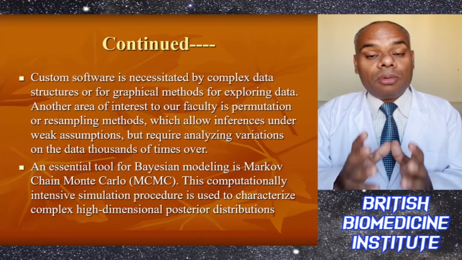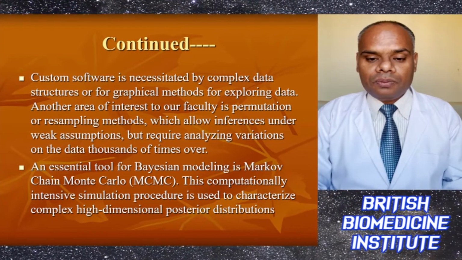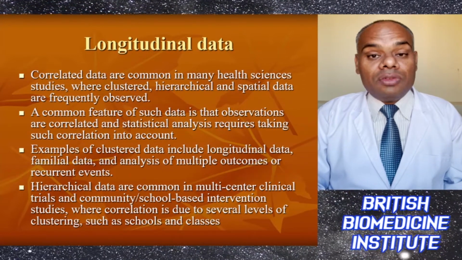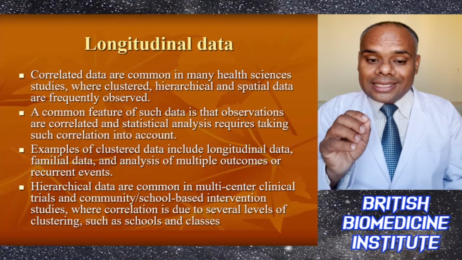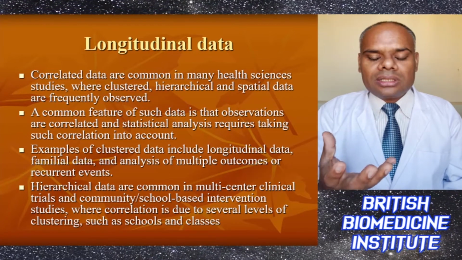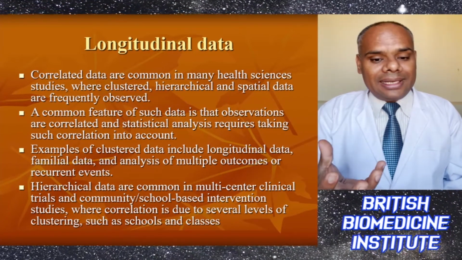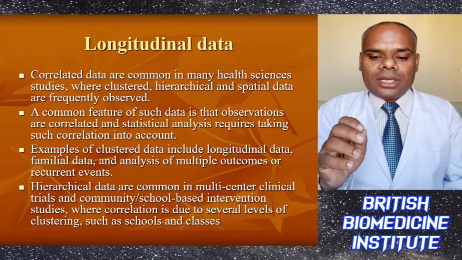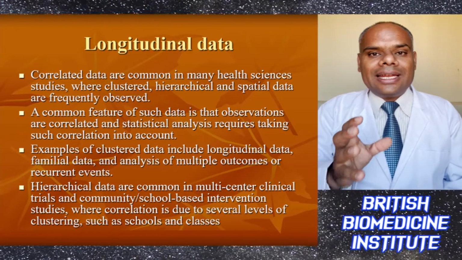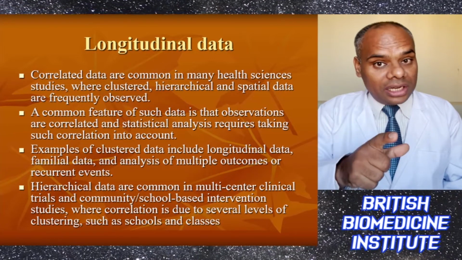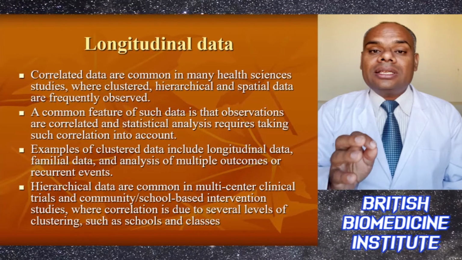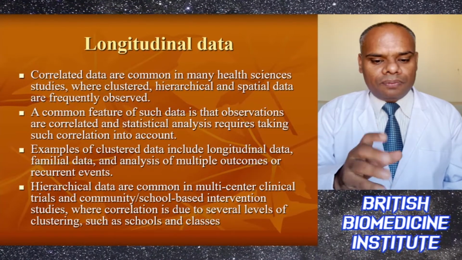high dimensional posterior distributions. Under longitudinal data, there is correlated data, which is common in many health sciences studies where clustered, hierarchical, and spatial data are frequently observed. A common feature of such data is that observations are correlated and statistical analyses are required to take such correlations into account.